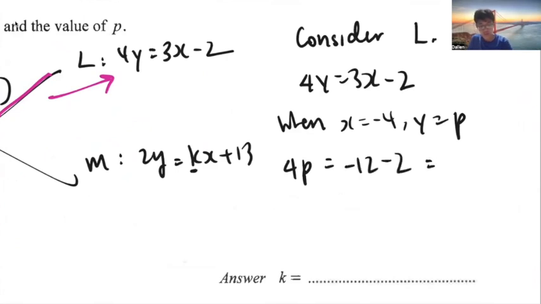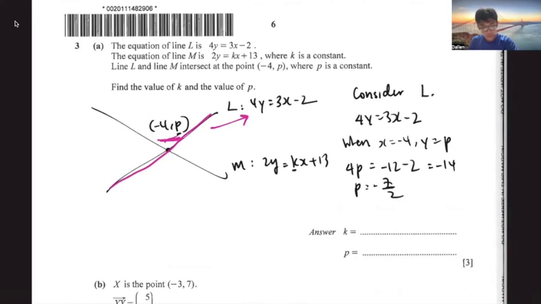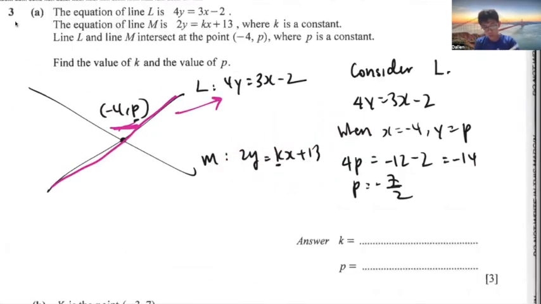This equals -14. p is -7/2. And why don't we use this equation instead? Because when we sub it in, we also have k, and we have two unknowns, so that won't work. So we found p.